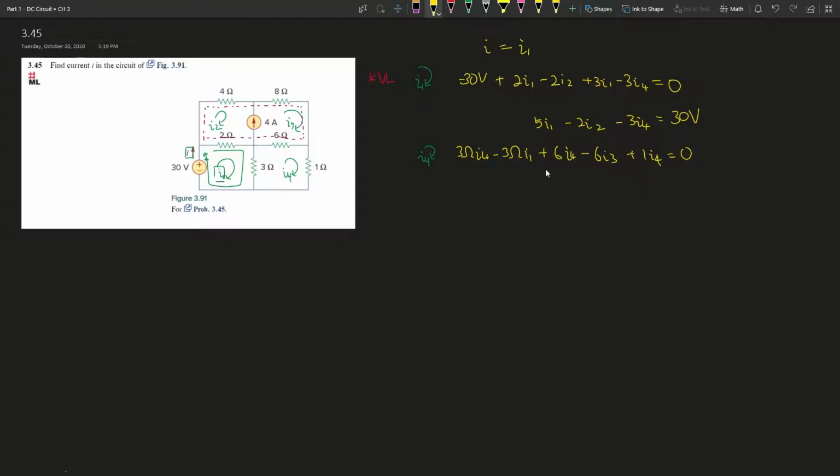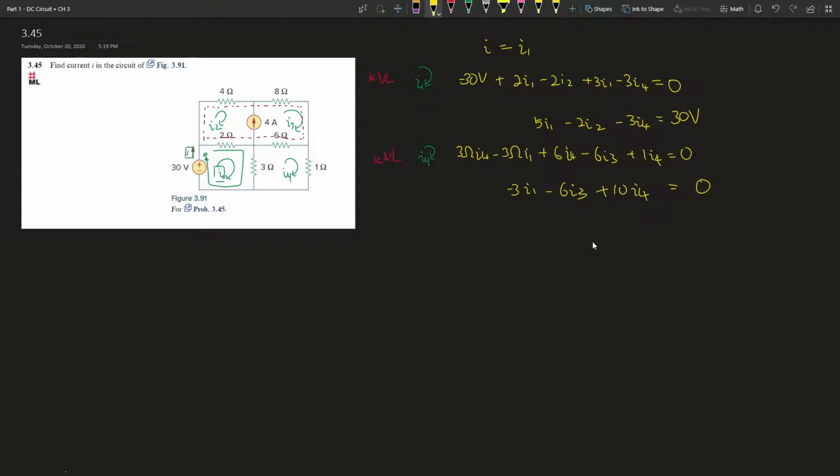This whole thing gives us 0. We're still applying the Kirchhoff voltage law using a mesh analysis. That's literally what it is. Within a mesh, there shouldn't be another loop in it. Okay, so let's simplify this. Negative 3 I1, negative 6 I3, 6 plus 1 plus 3 is 10, so plus 10 I4, and this whole thing gives us 0.